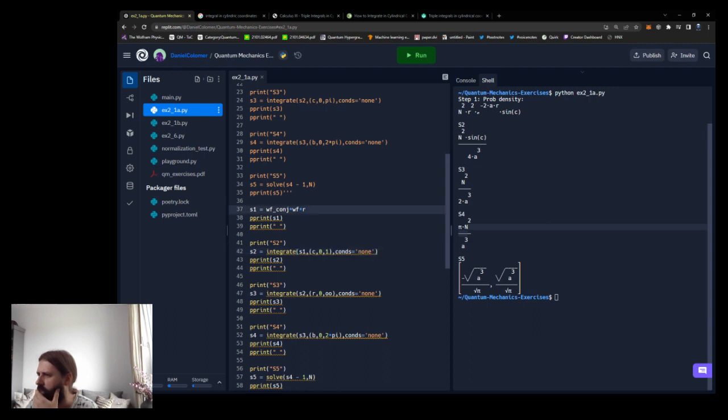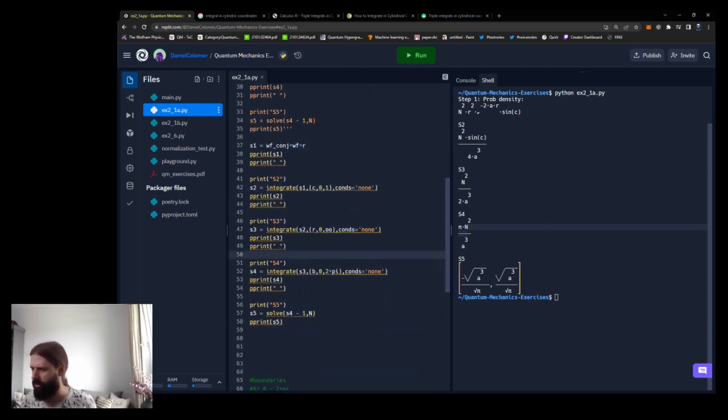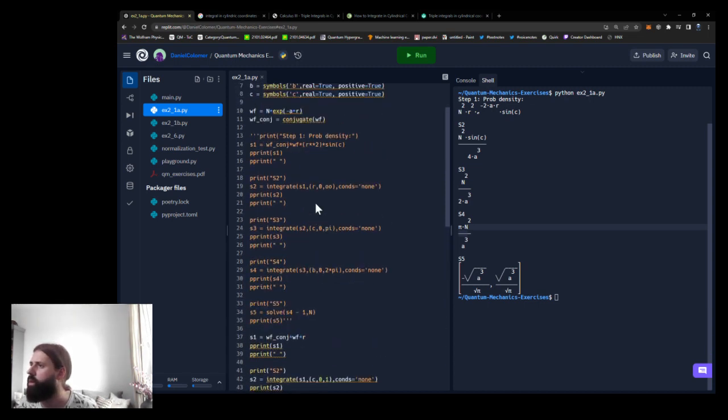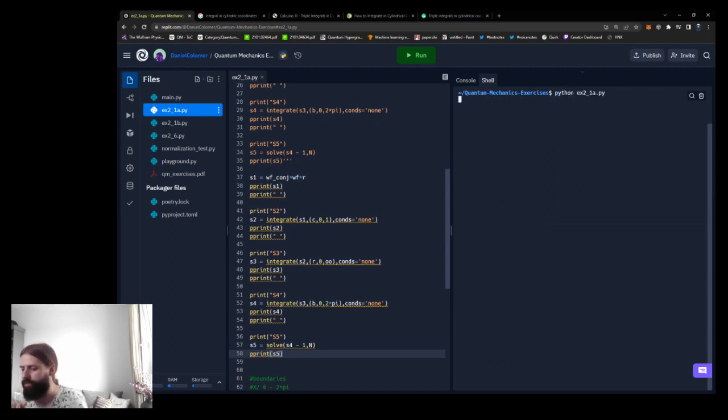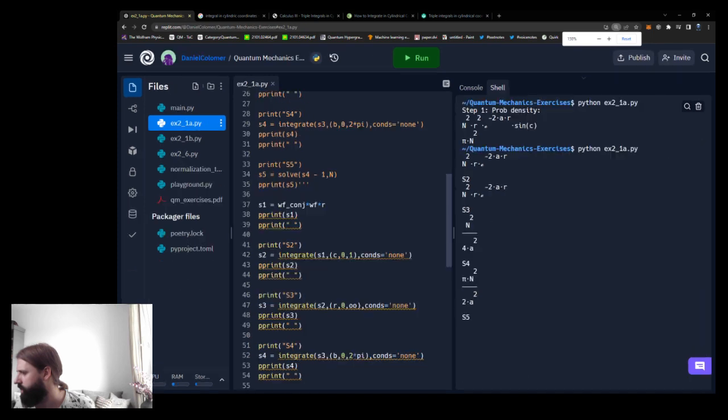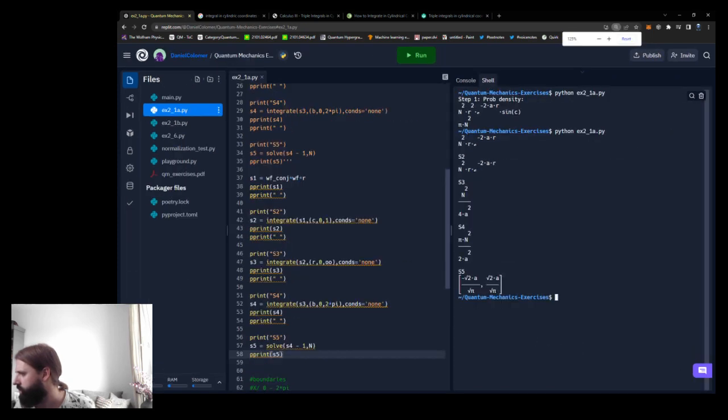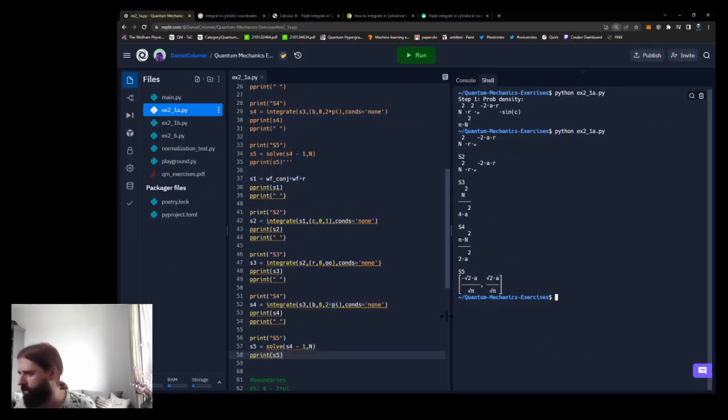It is just times r. Let's see. It's a bit different in this case. Yeah? It's not exactly that, because it's square root of 2 times a, that's definitely not.